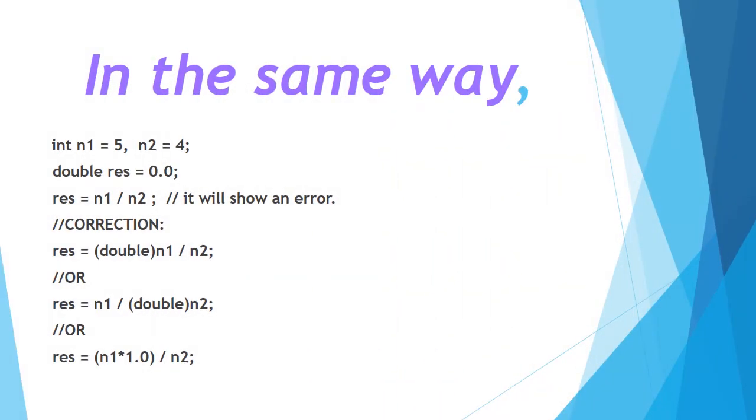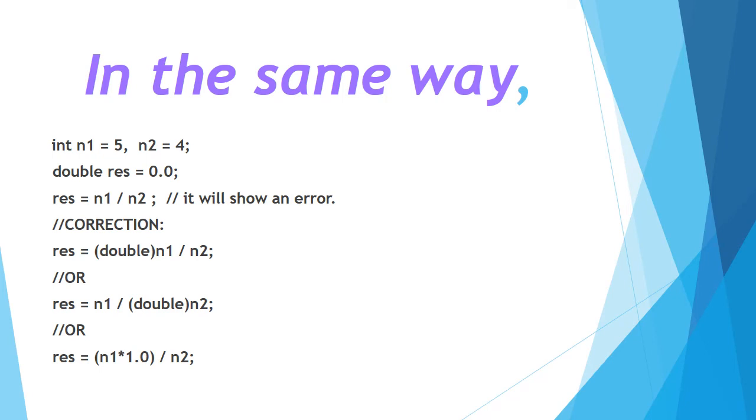In the same way, if we have one variable n1 with value 5 and another variable n2 with value 4, both of integer type, and we want to store the result in res, which is of double type, and we can initialize this as 0.0. Then if we write res is equal to n1 by n2, it will again show the error, because integer by integer cannot give the output in double data type.